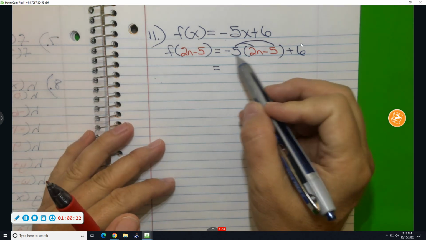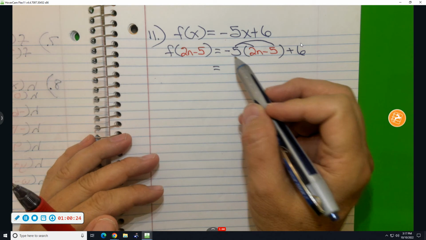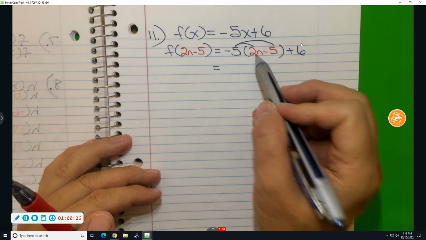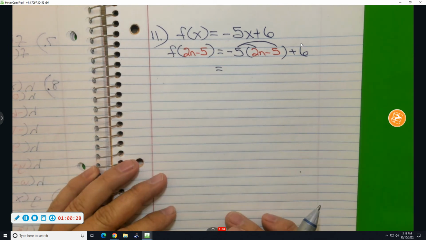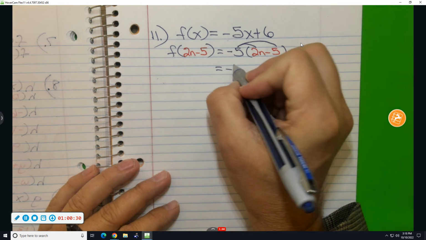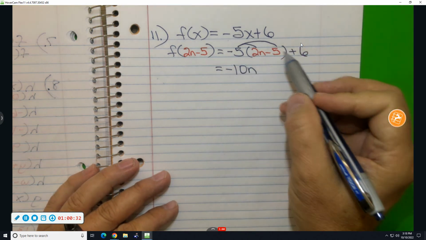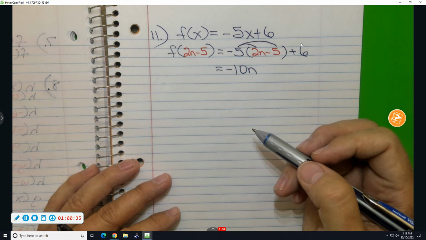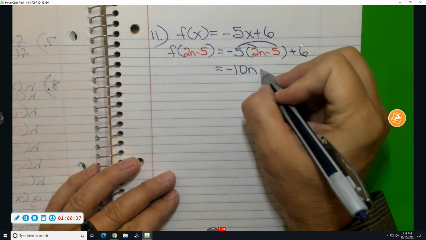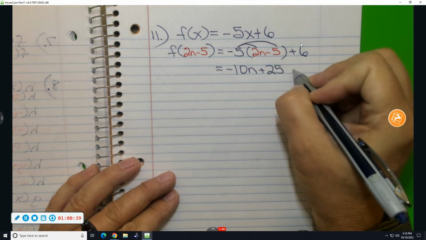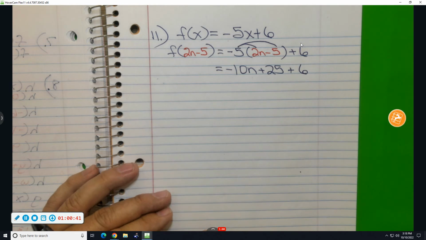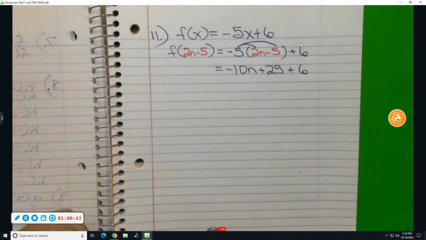What's that going to give us here? Negative 5 times 2n is negative 10n. I agree. Negative 5 times negative 5 gives me a positive 25. And we still have a plus 6. What can we do to simplify this? There's only one step left.